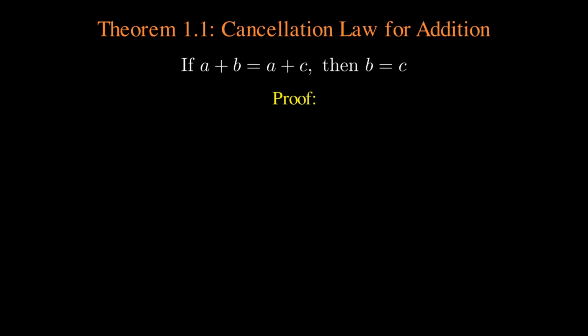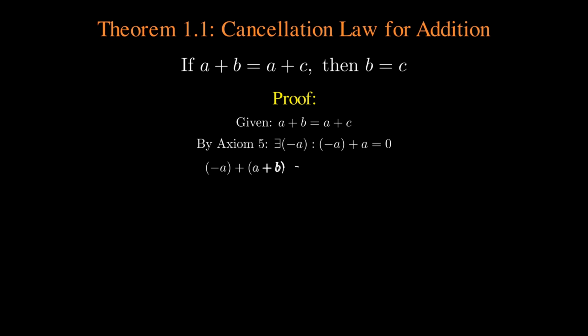Here's the proof. By Axiom 5, there exists a number y such that y plus a equals 0. We call this number negative a. Now, we're given that a plus b equals a plus c. Since sums are uniquely determined, we can add negative a to both sides.